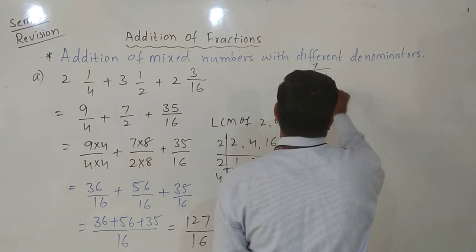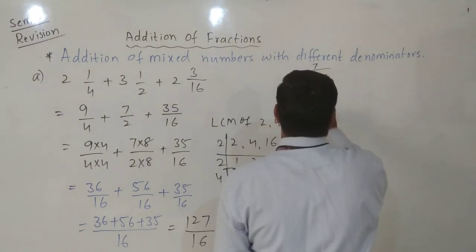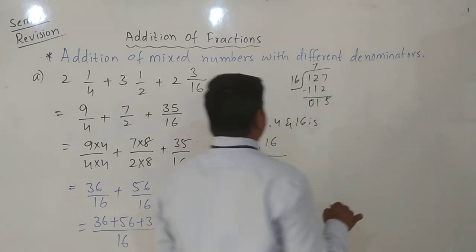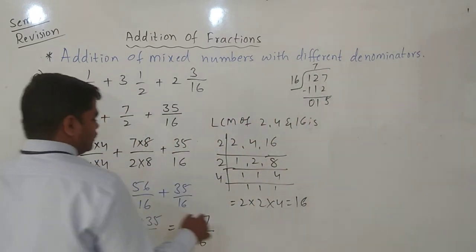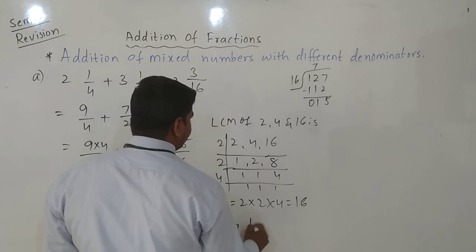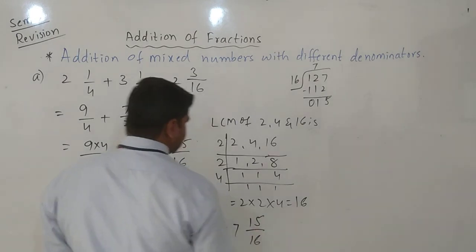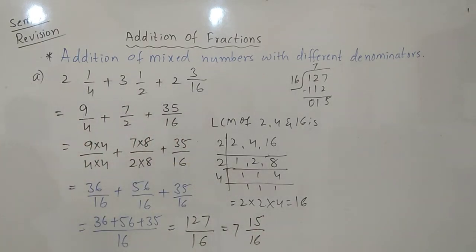Then 127 minus 112 is 15. Now we can write 7 integer 15 by 16. The answer is 7 integer 15 by 16. Yes, clear?